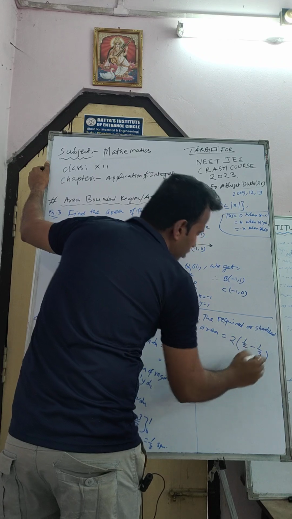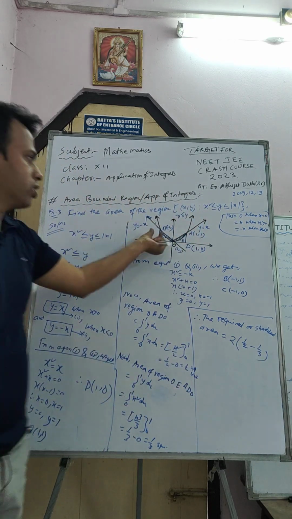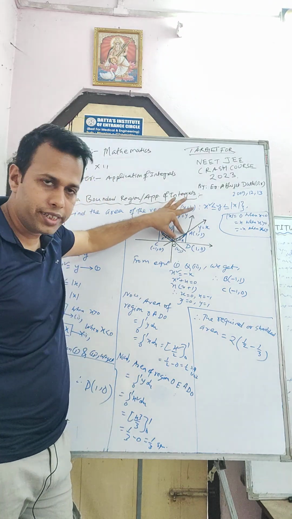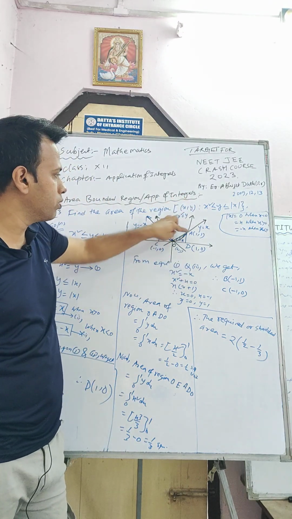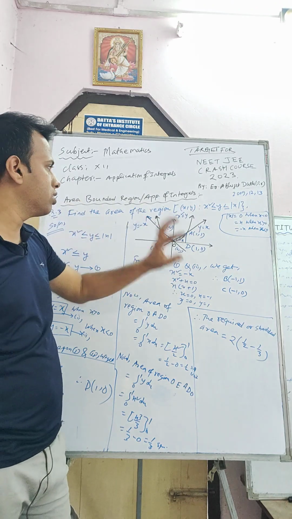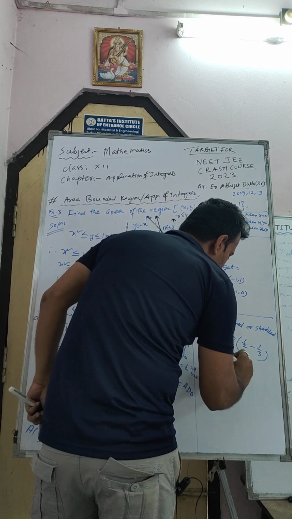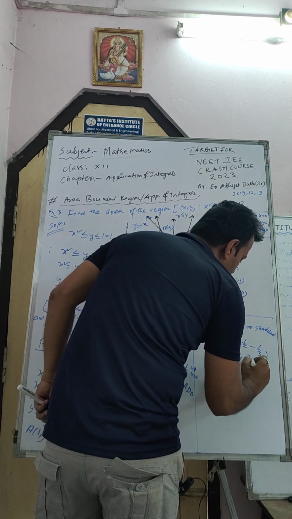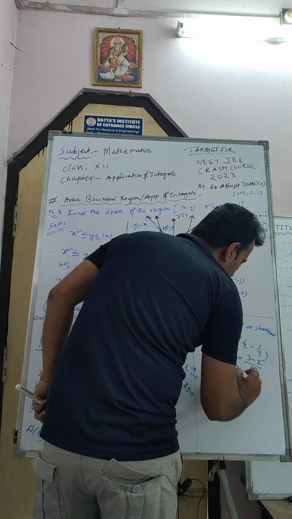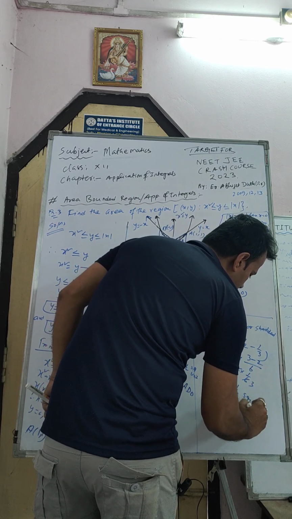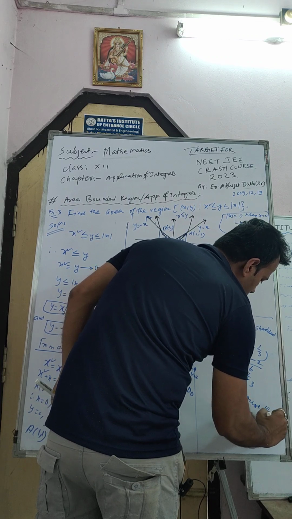Here it will be multiplied by 2, because if I subtract this part from this part, it gives this shaded area, and multiplying by 2 gives this part and this part also. This is the whole required area. So 2 into (3 minus 2) by 6, it will be 2 into 1 by 6, which is 1 by 3 square unit.